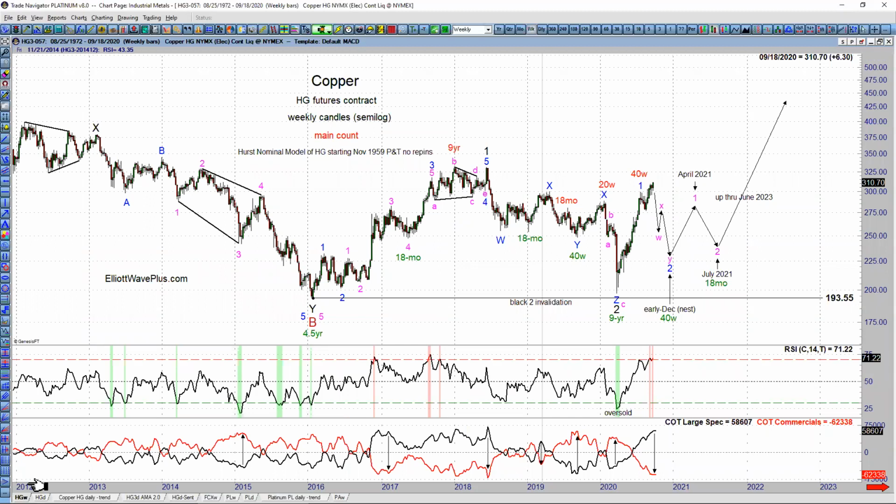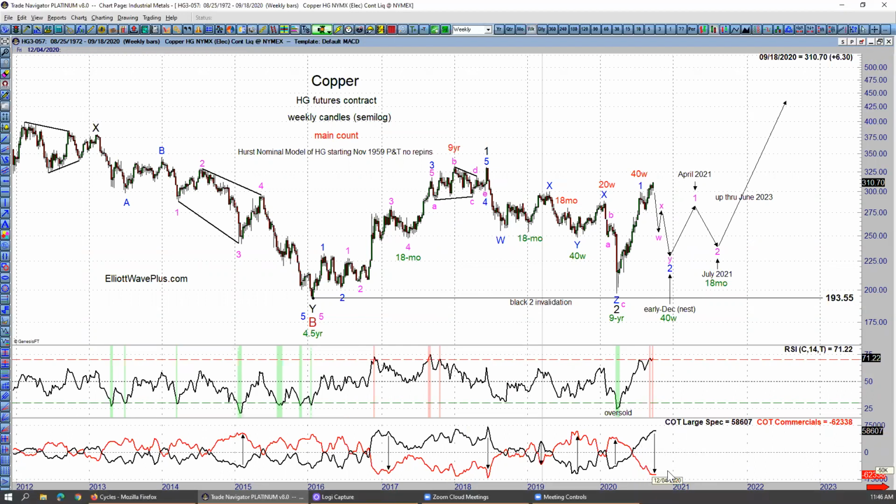Copper last week found another new slight high. I do want to point out this continued situation on the positioning of the commercials against the positioning of the large specs. The large specs are heavily long on copper now. They're the trend followers.